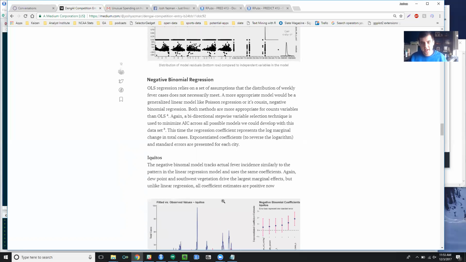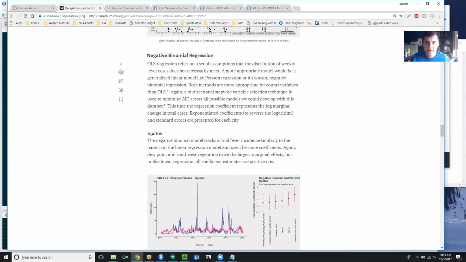So Poisson and negative binomial regression models are the go-to generalization of generalized linear models, the generalizations of ordinary least squares, and they're meant for count variables. I went with negative binomial because the data doesn't follow a perfect Poisson distribution. So I figured a negative binomial would be a little safer there.